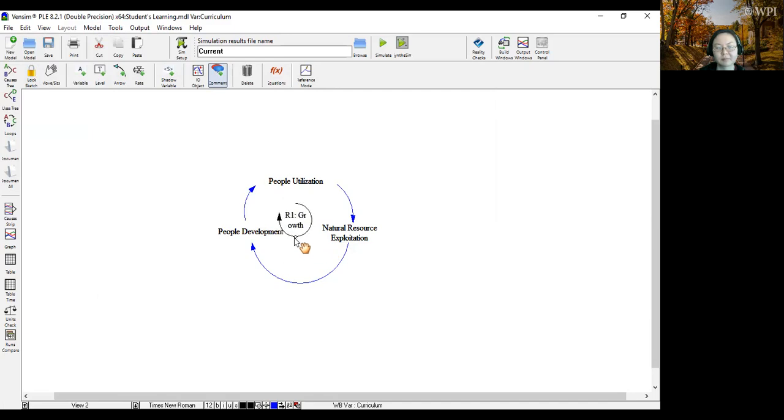When we develop more people and utilize more people, we can exploit more resources. And when we exploit more resources, we have to develop more people.